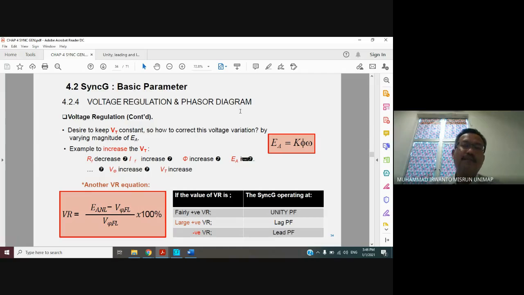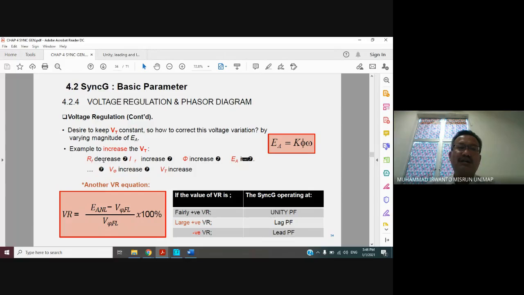Now, for this case, if the terminal voltage increases, it means suddenly the load decreased. When the load decreases, the voltage increases.